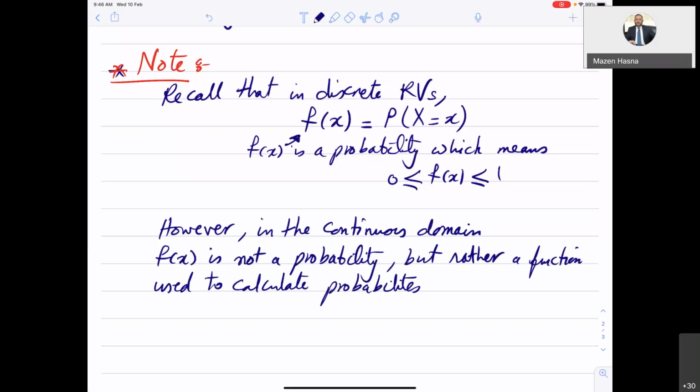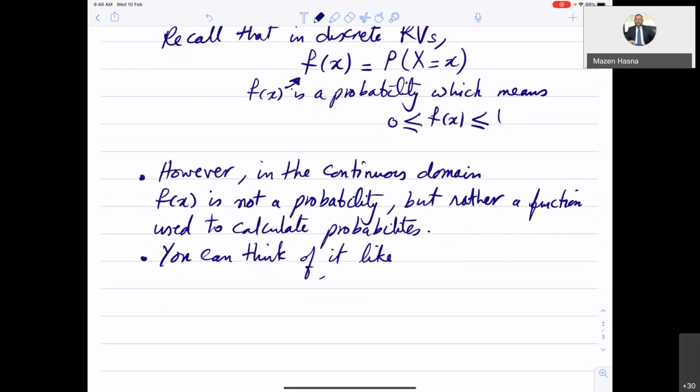You can think of it like f of x dx is the probability that my random variable is between x and less than x plus dx.